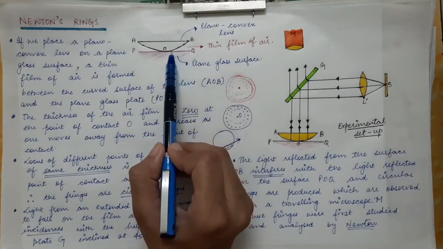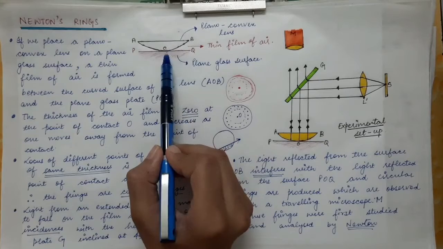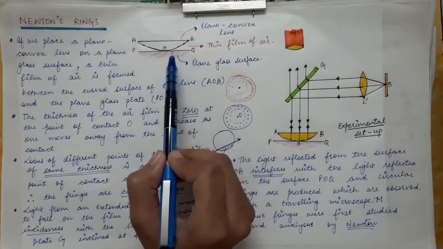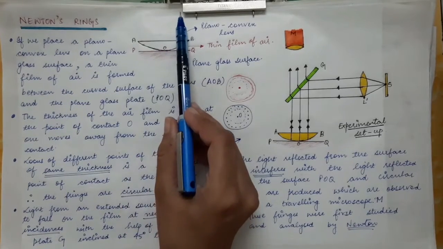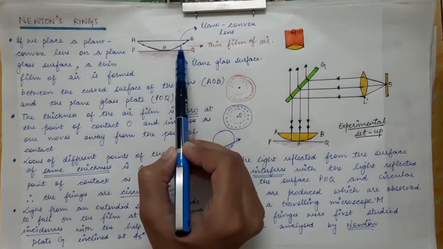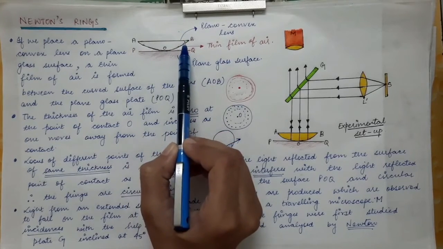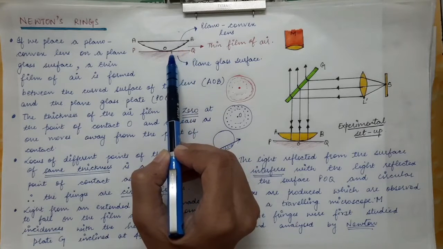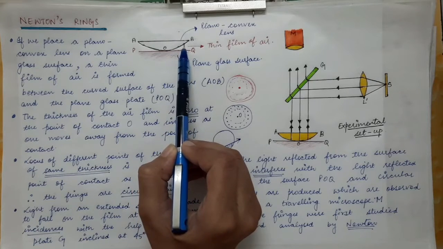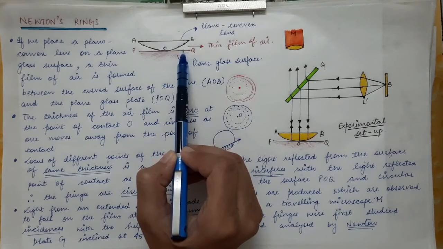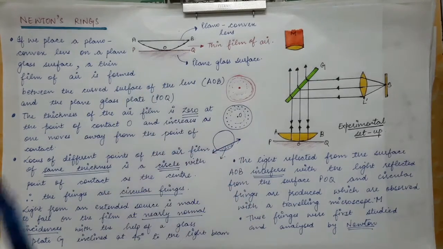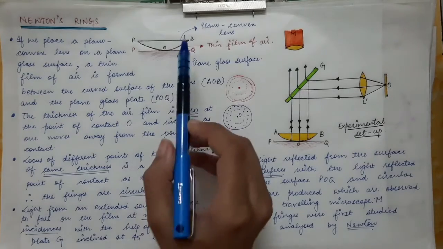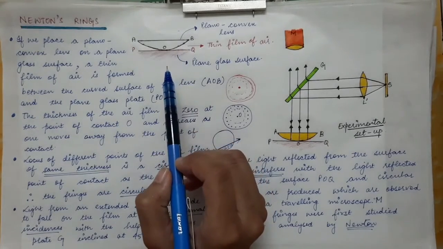This is the upward surface, the top surface of the thin film, and this is the lower surface of the thin film. When the light is incident on this lens, the light will get reflected from the upper surface of the thin film, and the light will travel through the air film and then get reflected by the lower surface of the thin film. So those two light rays will interfere with each other.